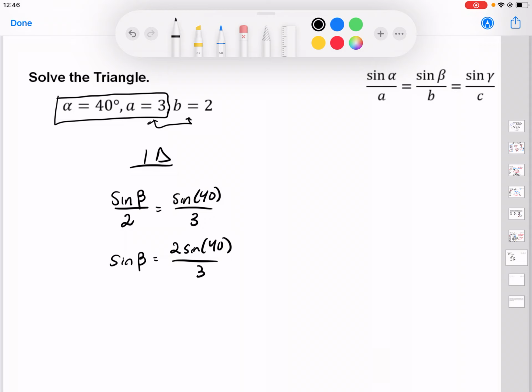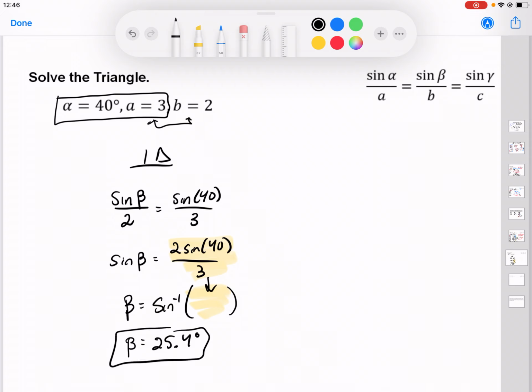And then apply the inverse. I'm going to be lazy and just put all that in. Okay. So let's put that in the calculator. So we've got 2 sine of 40 over 3. And you get that beta is equal to 25.4 degrees.